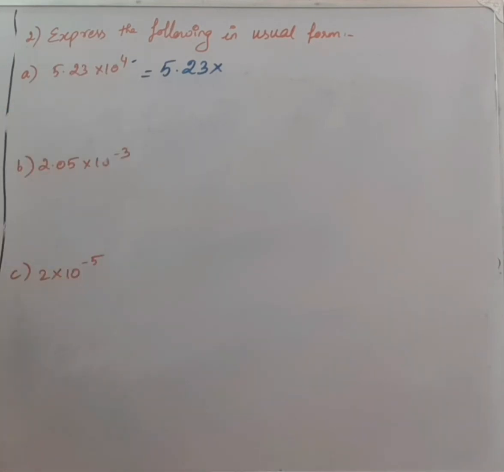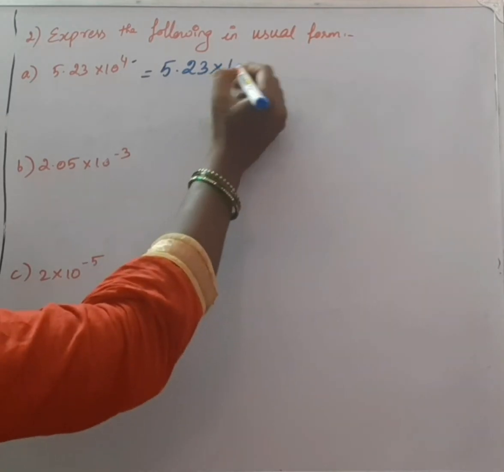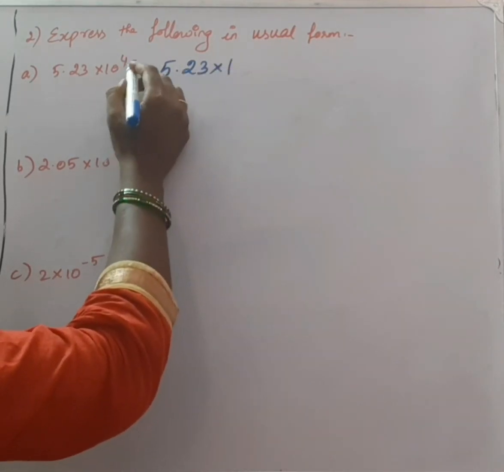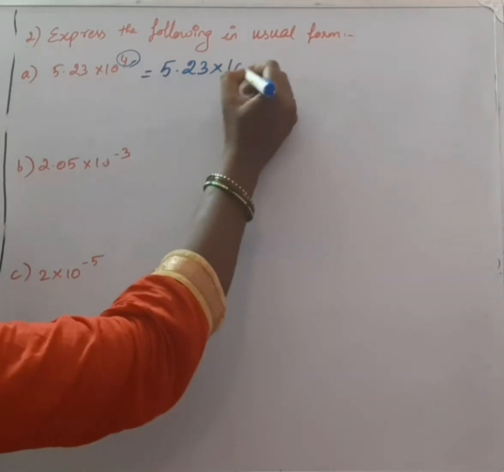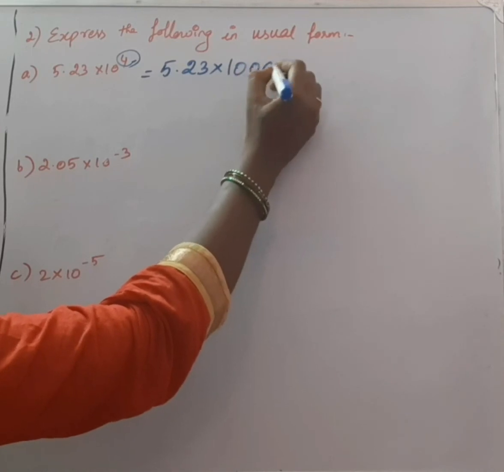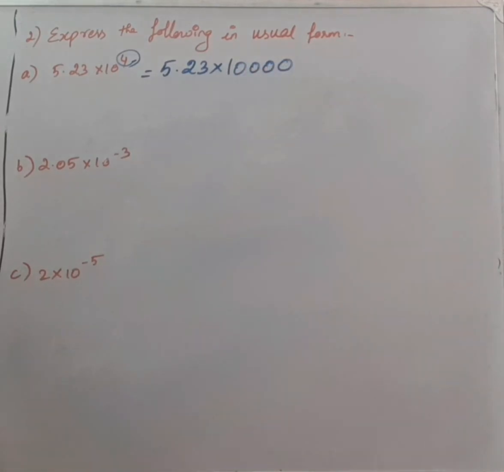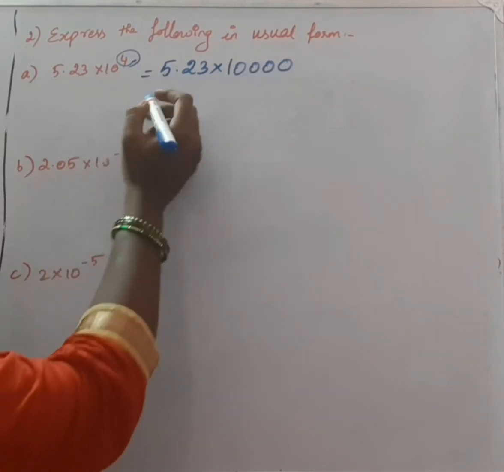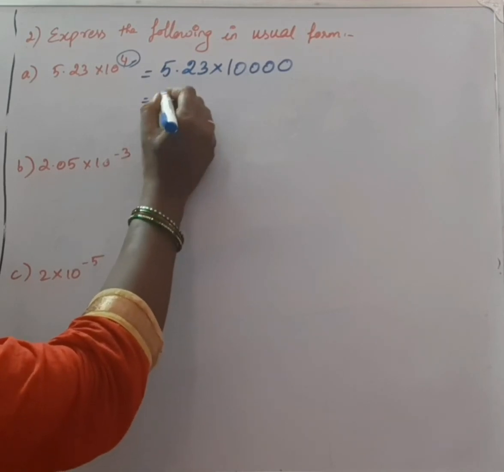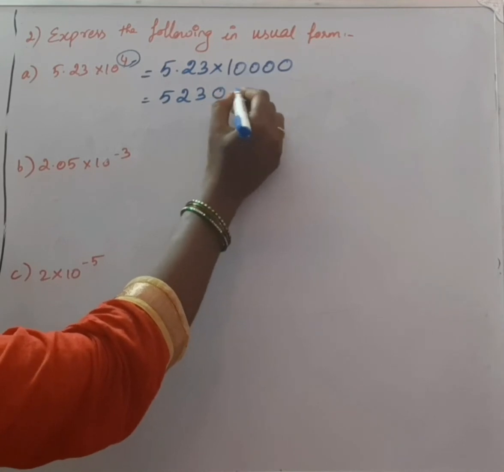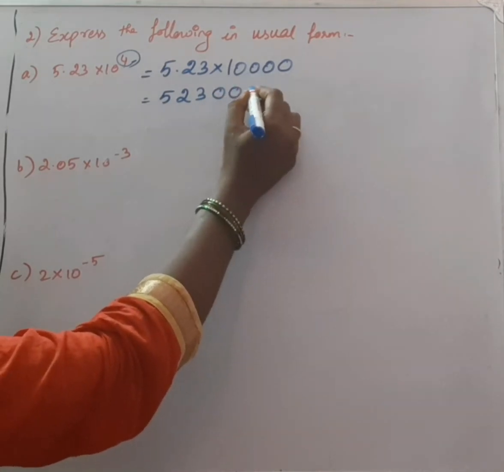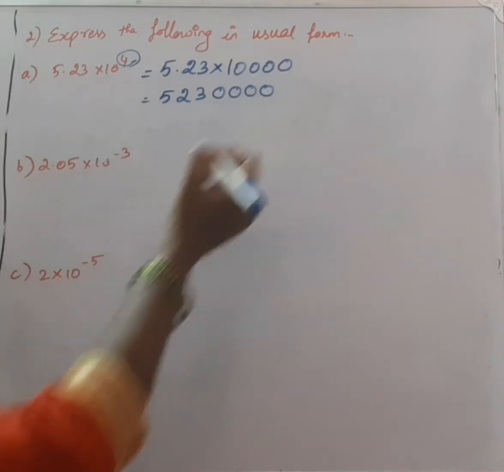So 1, and here we have 4, that means 4 zeros. So 1, 2, 3, 4 zeros. Now multiply this one. What we get? 5, 2, 3, 1, 0, 0, 0 and 0.